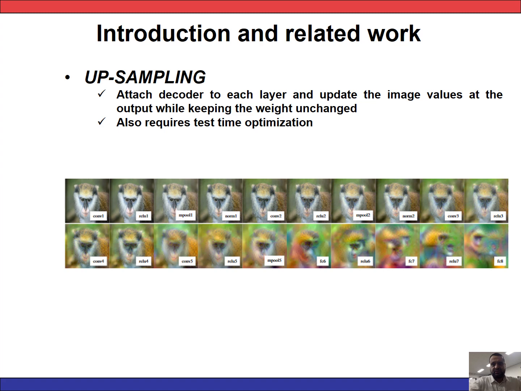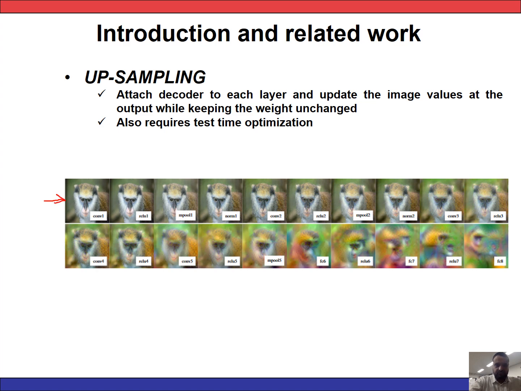The second approach people use is they train a feed-forward neural network, and after training they attach a decoder to each and every layer to get the output from the first layer, the output from the second layer, and the output from the third layer. Here these are the results, I took this picture from the corresponding paper.